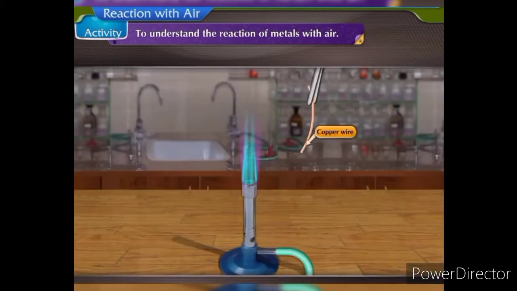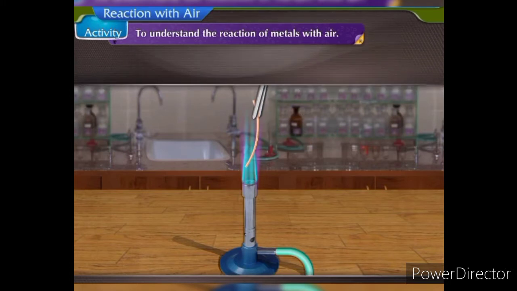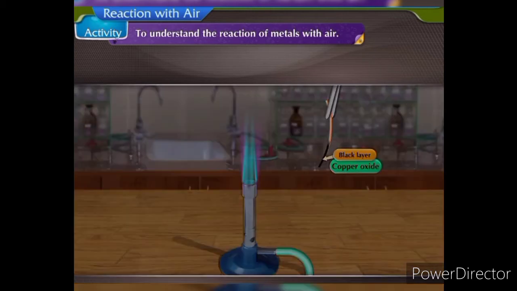Let us begin with copper wire. Hold a copper wire with a pair of tongs, heat it over the flame. What do you observe? There is no change in the copper wire. Heat it for a longer time. Now we see that a black layer of copper oxide is formed over the wire.